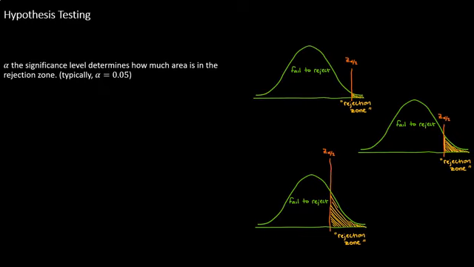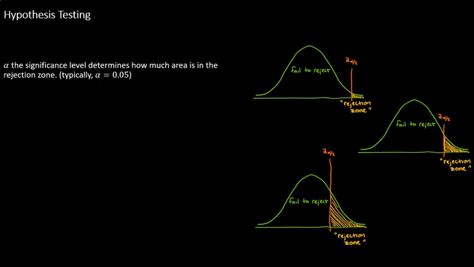Here's the basics of hypothesis testing. First, we have to determine a significance level. Often we use 0.05. That tells us the area in our rejection zone. So in this case, for our population parameter, a proportion, we would use a normal distribution and we divide the area under that curve into two regions, the rejection zone and the fail to reject region.